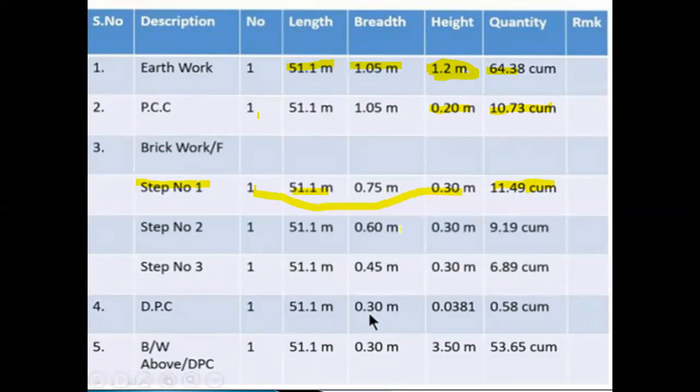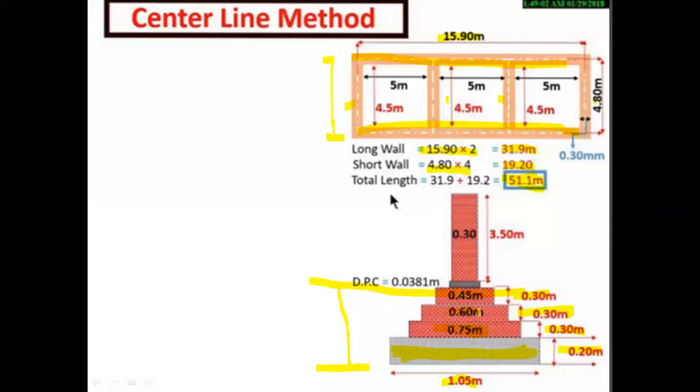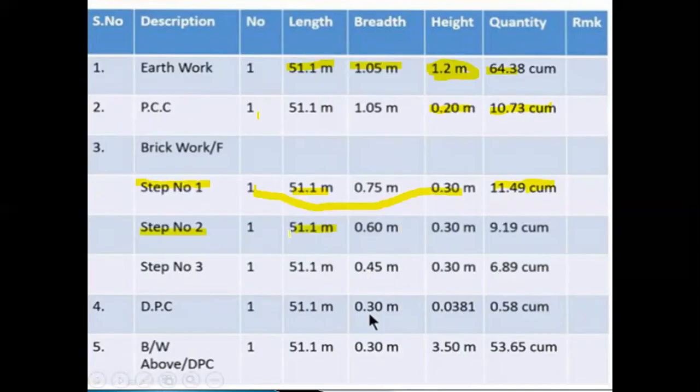It is the first footing. Similarly, the second footing: 1 into 51.1 length, second footing breadth is 0.60 meters and height is 0.30. Multiplying length into breadth into height equals 9.19.